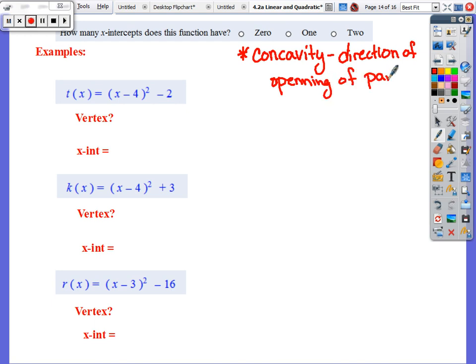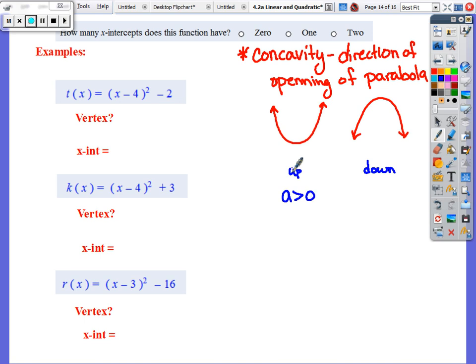Now, the parabola is either going to open upwards, which is like this, or it's going to open downwards, which is like this. Now, how we can determine whether it's up or down, this is up, this would be down, okay, would simply by looking at the A. Now, remember what the A is. The A is the quadratic term's coefficient. If I look at the A and it's positive, greater than 0, then it's going to be concaved up.